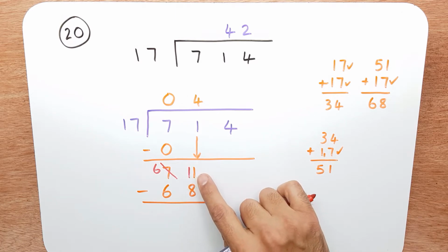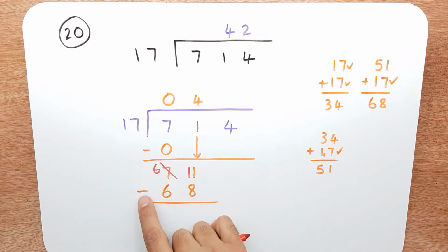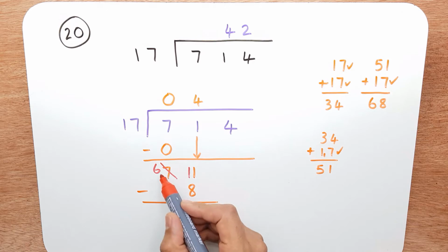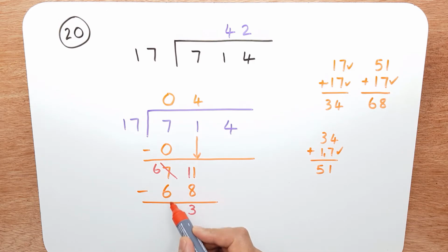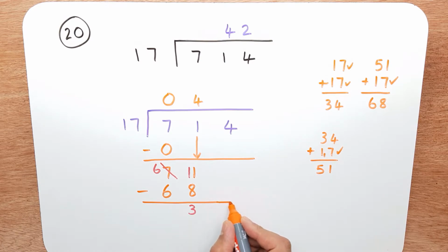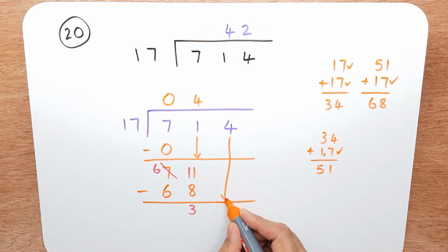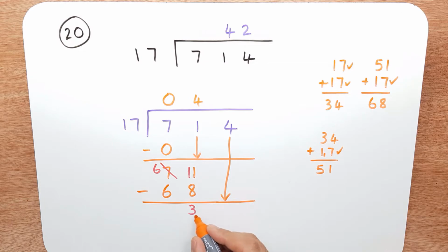So now our calculation is 11 take away 8, which is 3. 6 take away 6 is nothing, so our remainder is 3 here. Now, as before, let's just extend this line. We bring the next digit down as a companion, as a helper. So now this becomes 34.